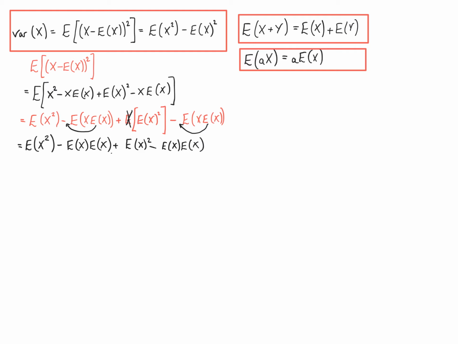But these terms are just the same as the expectation of x all squared. So we've got the expectation of x squared minus the expectation of x all squared plus the expectation of x all squared minus the expectation of x all squared. Two of those cancel, leaving us with the expectation of x squared minus the expectation of x all squared.